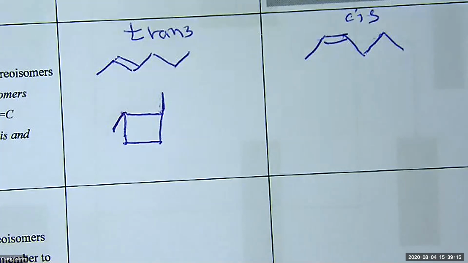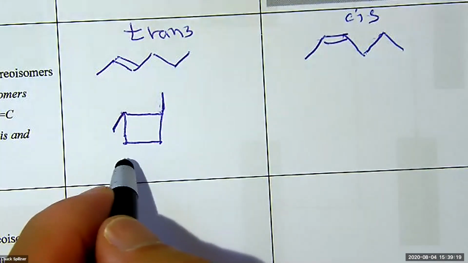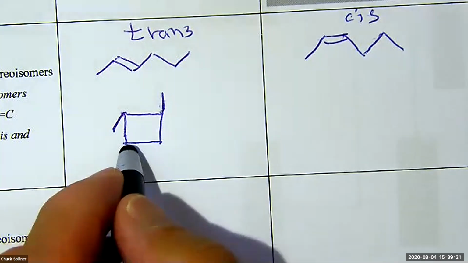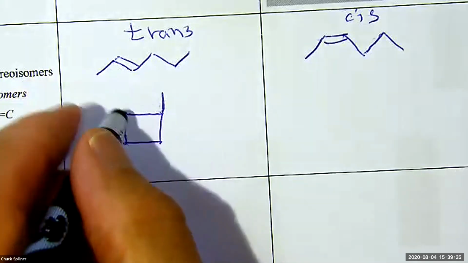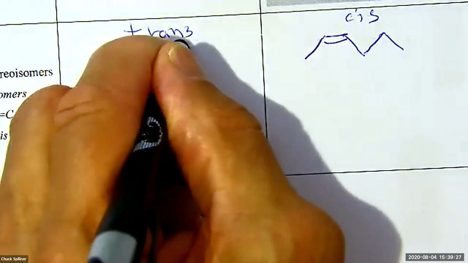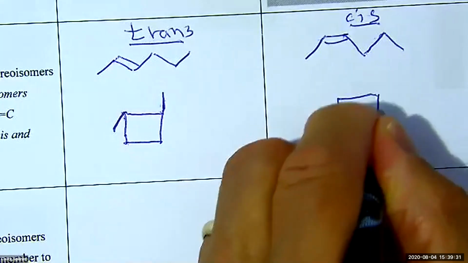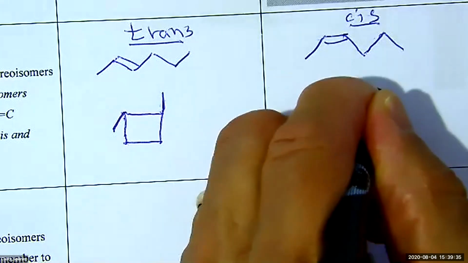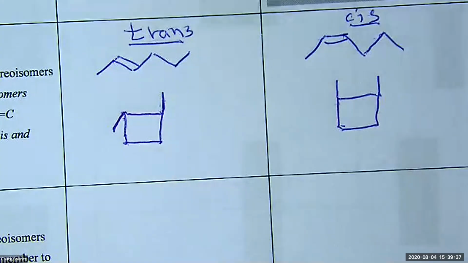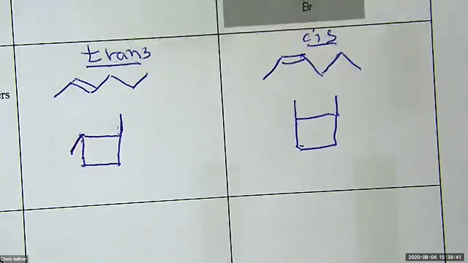So there's my two methyl groups. I can have them on adjacent carbons, or I can have them on opposite ones. So I could have them here and here, or here and here. That's okay. So this is my trans. Remember, this whole box is for trans. My cis would look like this. I'll draw my cyclobutane, it's called, and I'm going to put my two methyl groups on the same side, so they're pointing up like that. So that's my cis right there.